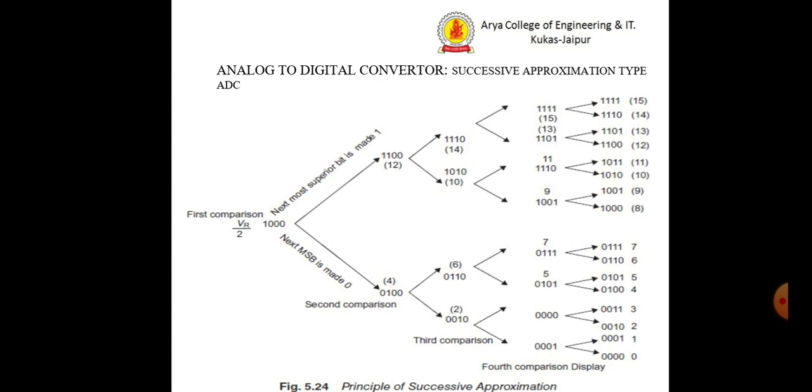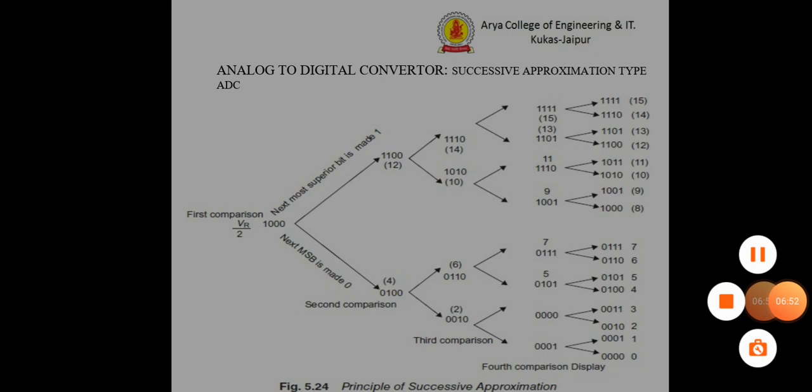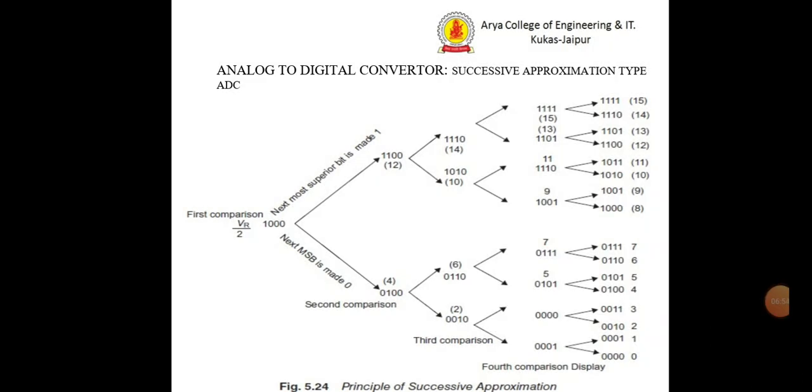If input is greater than 3 VR by 4, the next comparison is made with 3 VR by 4 plus VR by 8, that is 7 VR by 8, which will be equal to 111. If input is greater than 7 VR by 8, the comparison is made with VR itself.